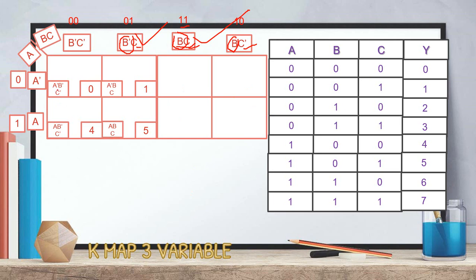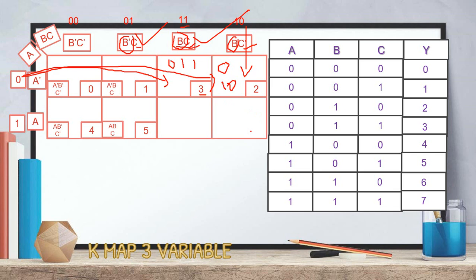So we have the other 4 cells, and we have to fill them. Now take them one by one. In this column it is the 1 0 portion, and the row is 0, so it is 0 1 0, which we usually call 2. Next one, this A side is 0 and BC is 1 1, so 0 1 1, which we call 3.